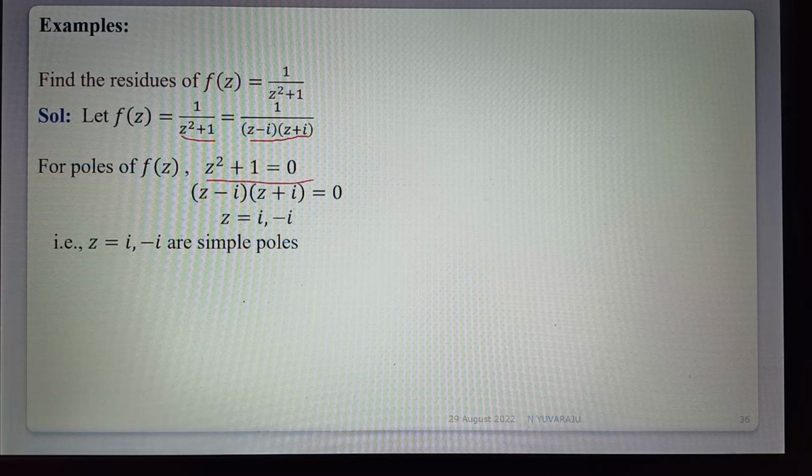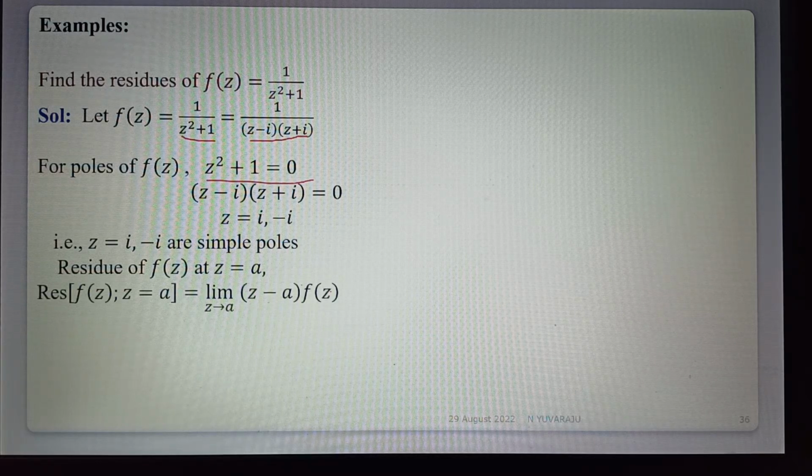Now find the residue of the given function at each pole, i and minus i. The first one: we know the formula, residue of f(z) at z equals a, which we already told in the previous slide, is the limit as z tends to a of (z minus a) into f(z).